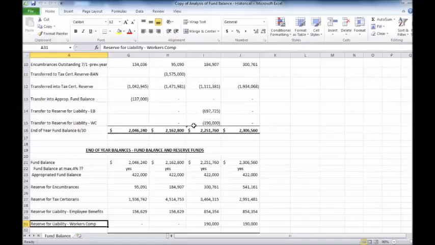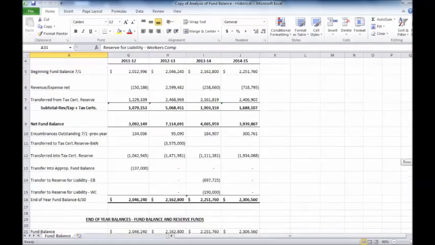That year, we also made the decision to become self-funded for workers' comp. That saved us a considerable amount of money, and we also had a refund from our previous consortium, so that money was put into the workers' comp liability reserve fund for future potential claims.